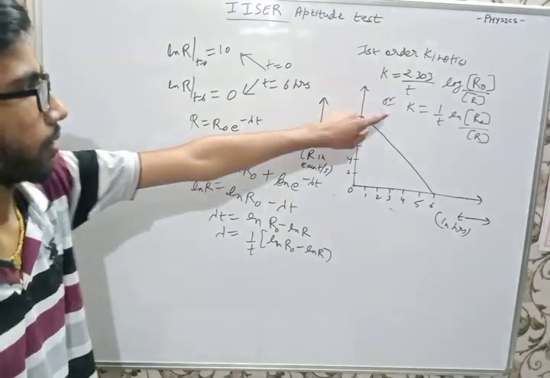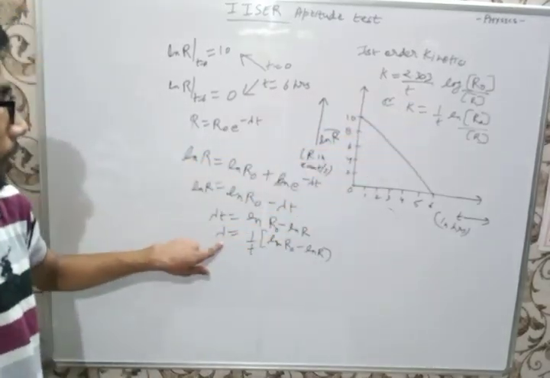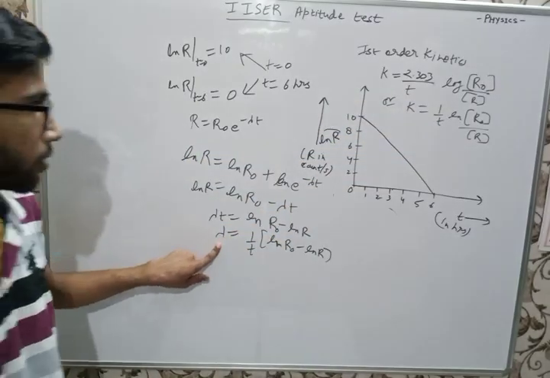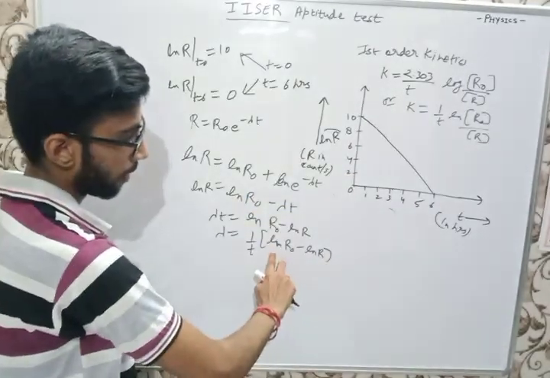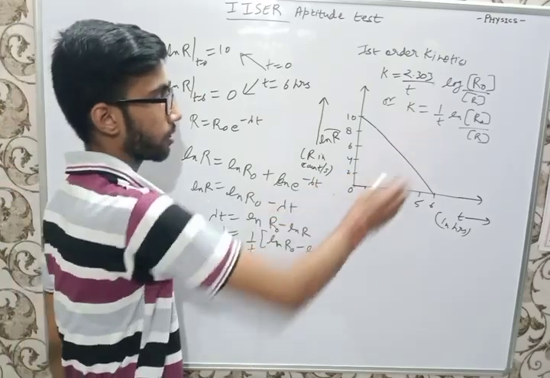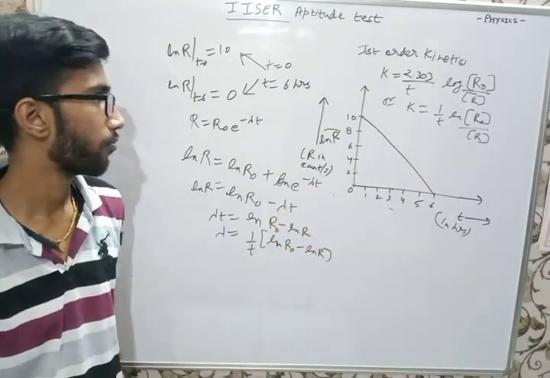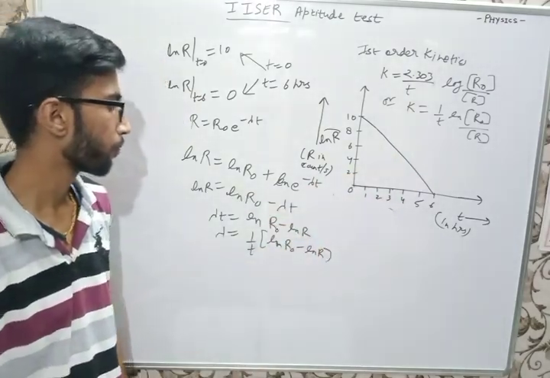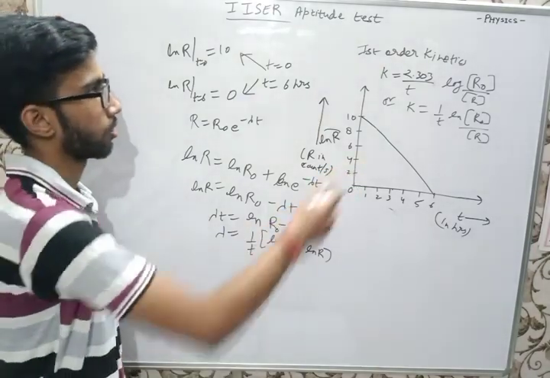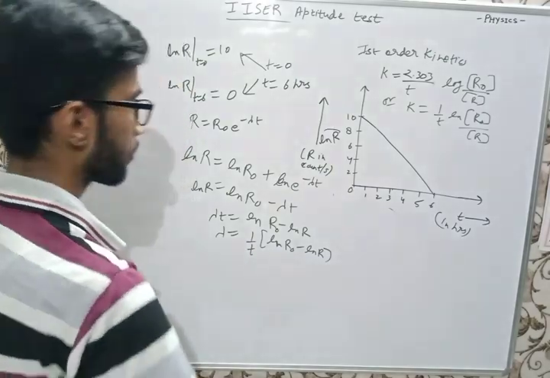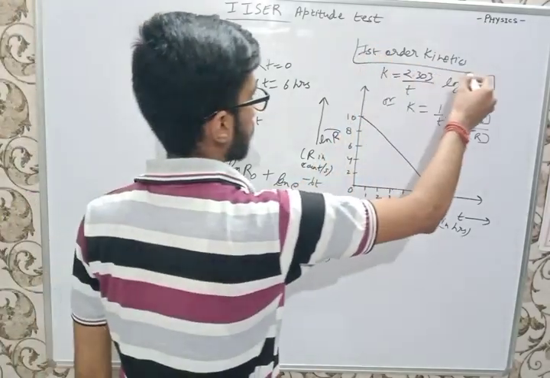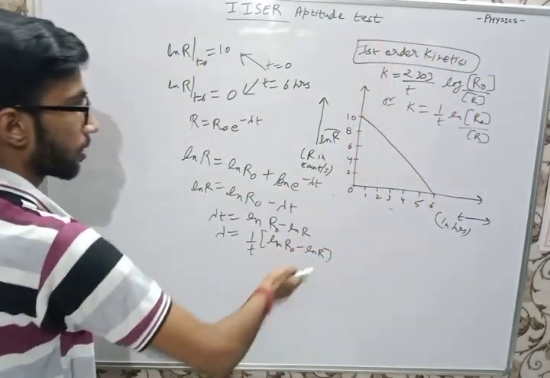Just compare, replacing k with lambda, and you get 1 over t ln R naught over R. One can ask what the order of radioactive disintegration is. It is first order kinetics. Remember that, because it is similar.